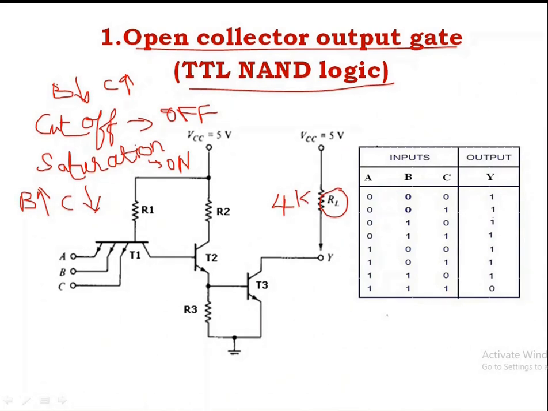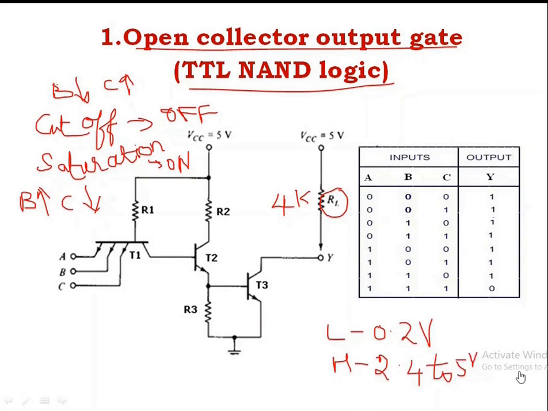When I say low level, the voltage will be 0.2 volt. High means a voltage from 2.4 to 5 volt is considered as high.